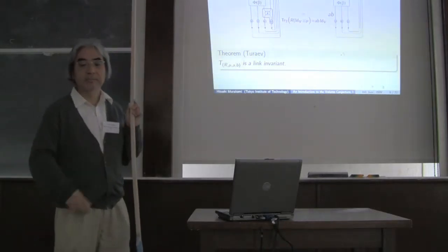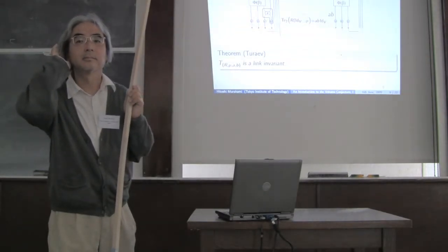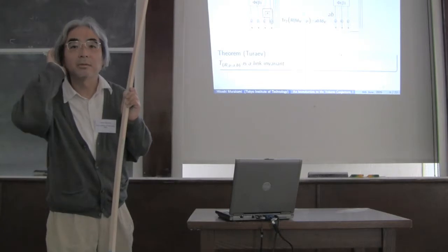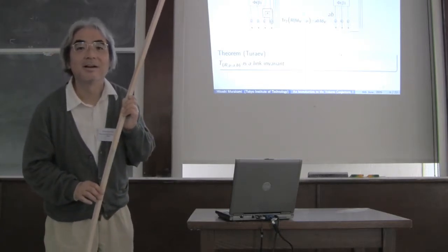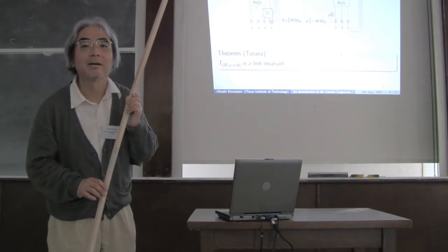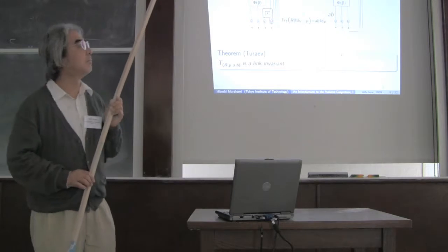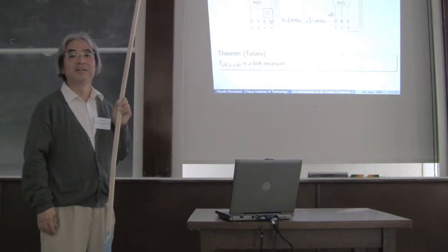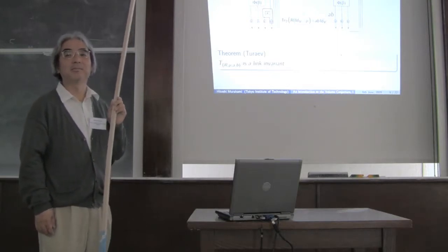Yes. Do you have in this picture a linear isomorphism between B and B star? Sorry, say again. Do you have an isomorphism between B and the dual? No. But for calculation, we need a fixed basis. So by using that basis, of course, we can make an isomorphism.